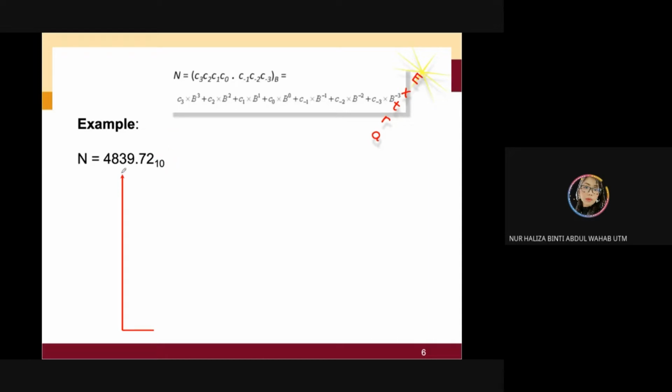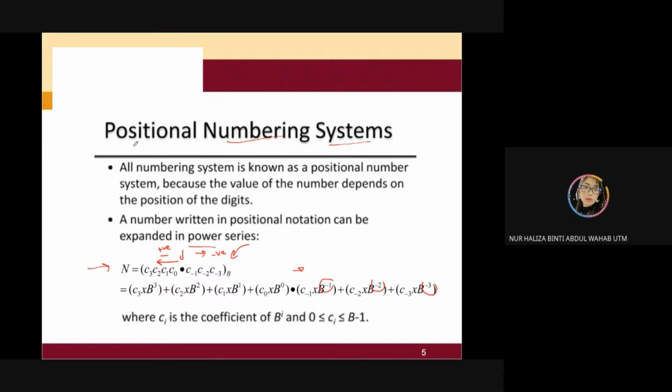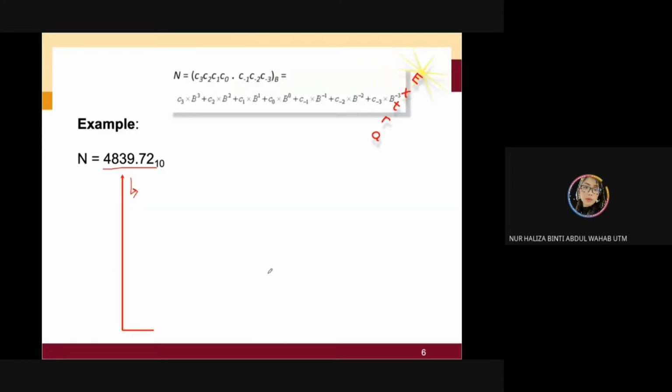Okay, now we have this number. We're not going to do any conversion, but we just want to know the positional numbering system and what is happening inside all the values. So let's take a look.